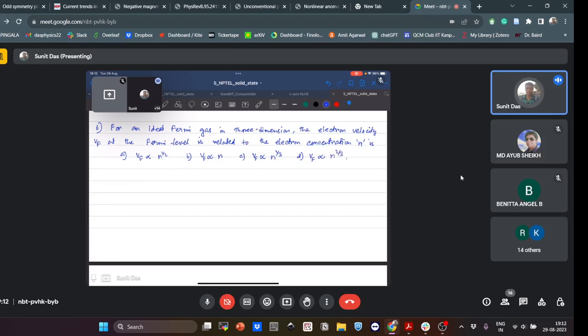Okay, so the question is, for an ideal Fermi gas in 3 dimensions, the electron velocity Vf at the Fermi level is related to the electron concentration n by which of the following relations? n to the power half, n to the 1/3, or 2/3.